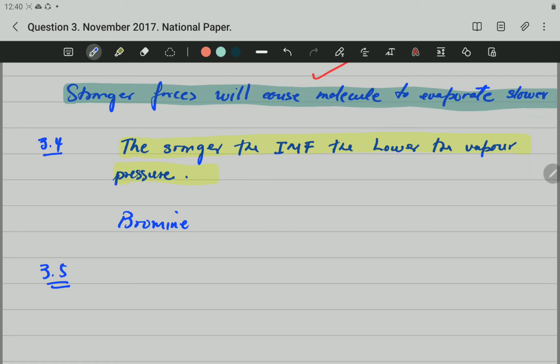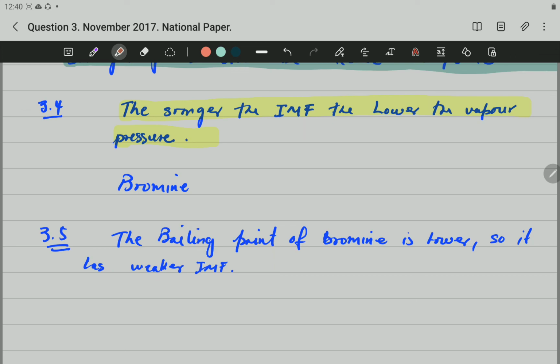The first part you have to say is the boiling point of bromine is lower, so it has weak intermolecular forces. And then the part I just wrote here to explain: the stronger the intermolecular forces, the lower the vapor pressure. Or the other way around, the weaker the intermolecular forces, the higher the vapor pressure.